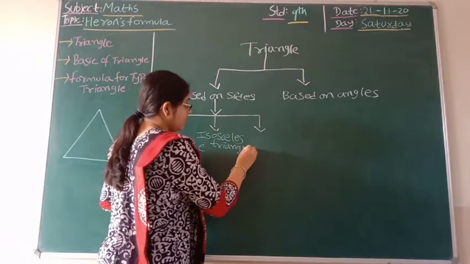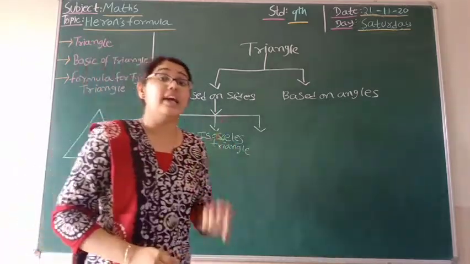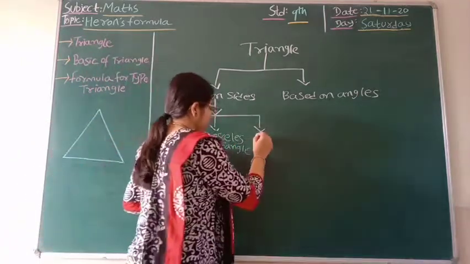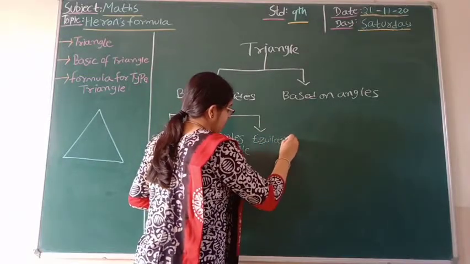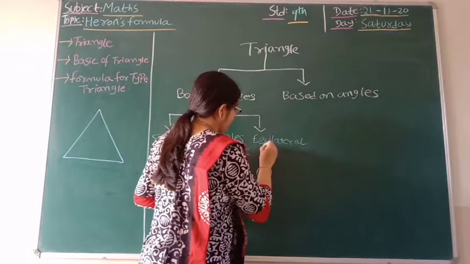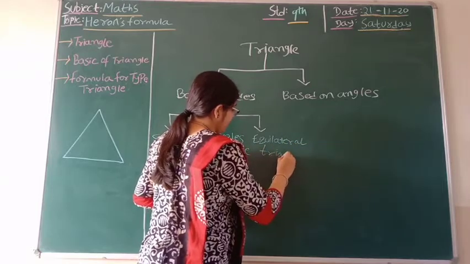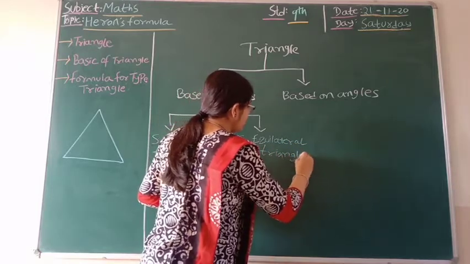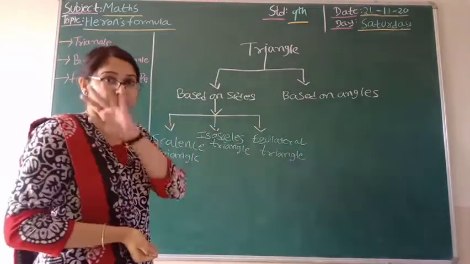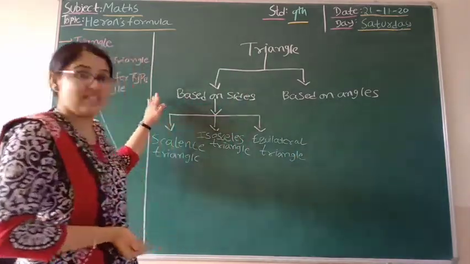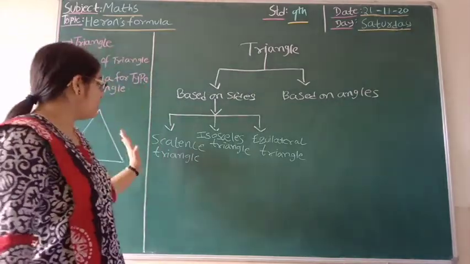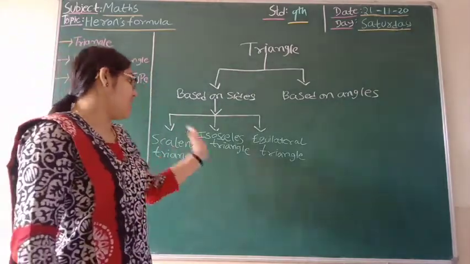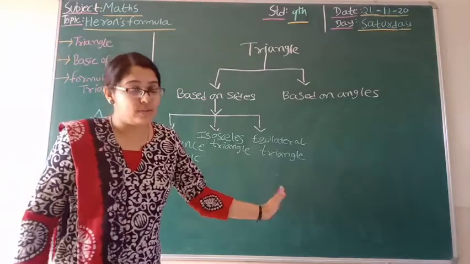And the last is the equilateral triangle. So students, we have seen that a triangle can be understood based on sides, and on that basis we have seen three: scalene triangle, isosceles triangle and equilateral triangle.